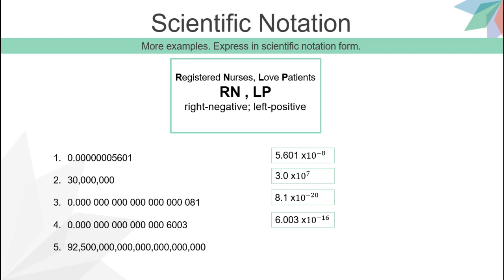So, times 10 to the power of negative 16, since the decimal moved from left to right. Then the next one is 9.25 times 10 to the power of 22.